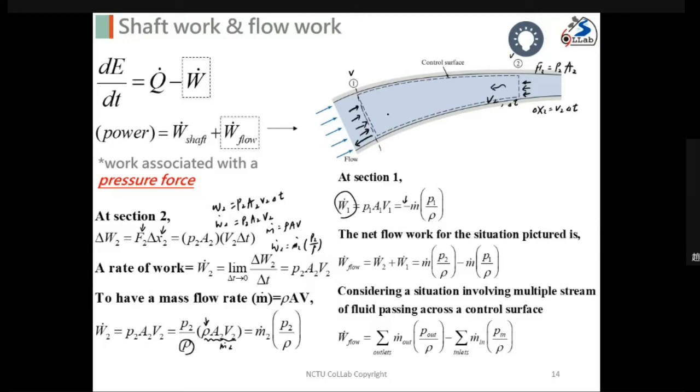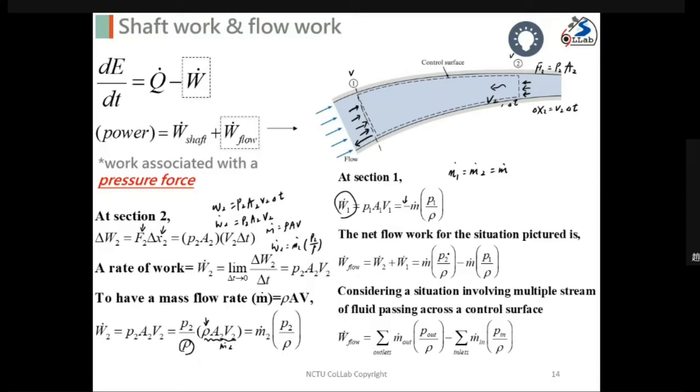That's why we use the minus, because the normal vector of the cross-section area is opposite to the flow direction. And since we know the pipe flow always satisfies the continuity equation, the mass flow 1 is equal to the mass flow rate 2. And we just use the same mass flow parameter, m rate.